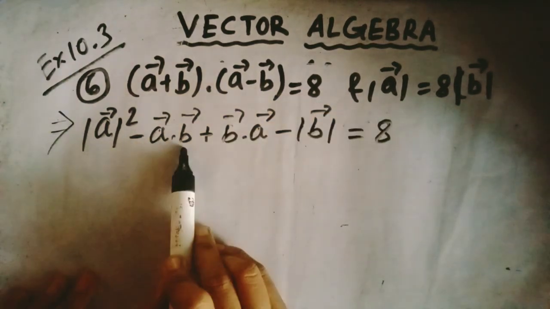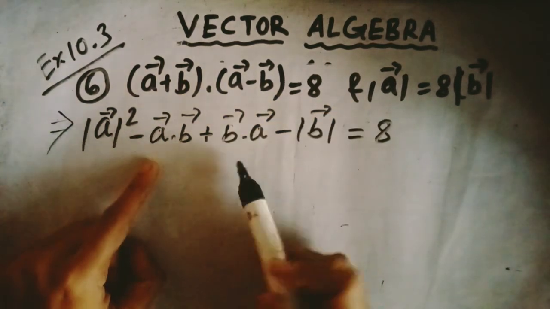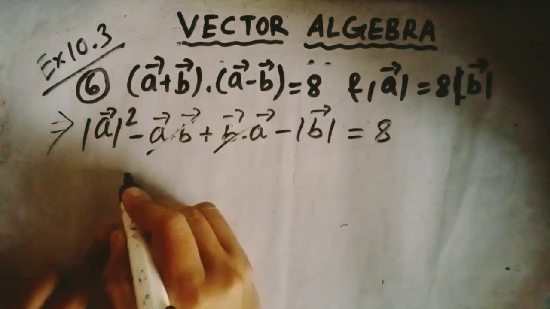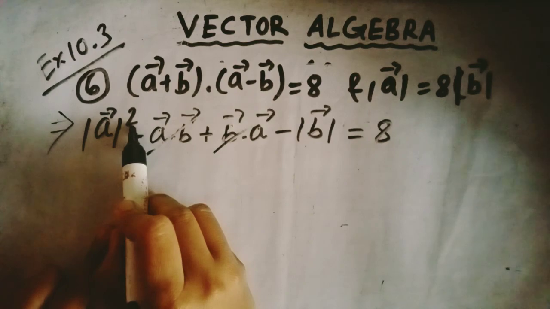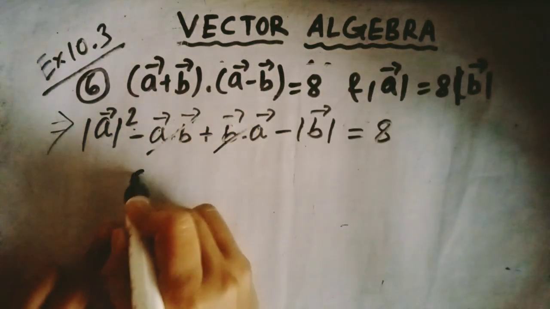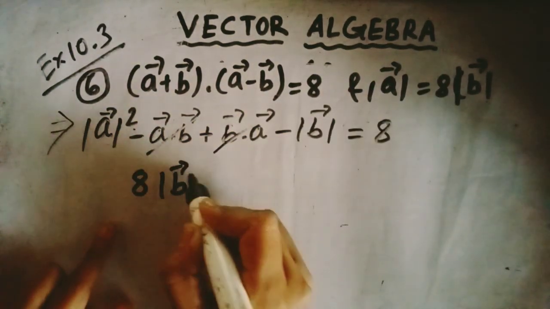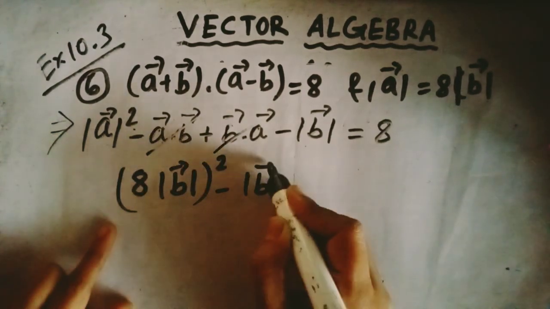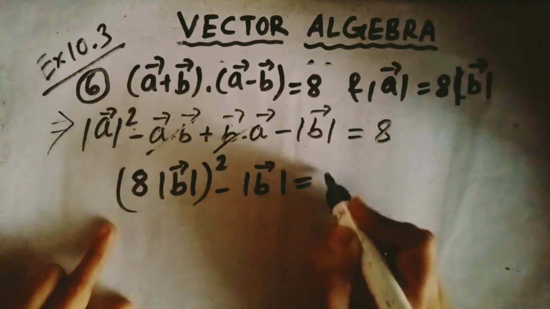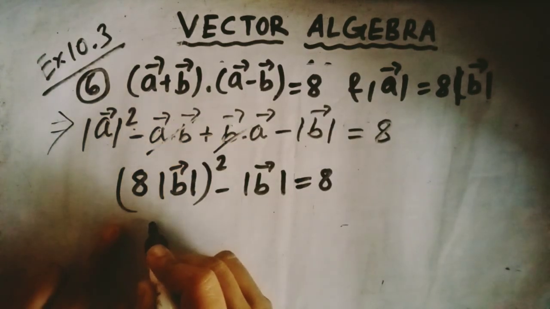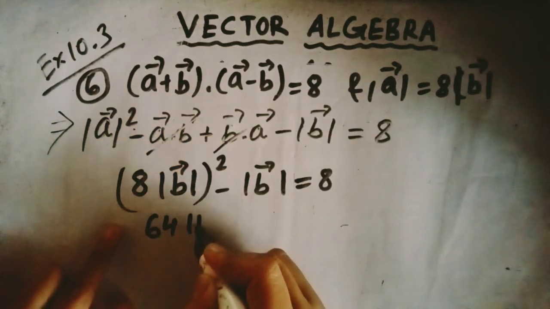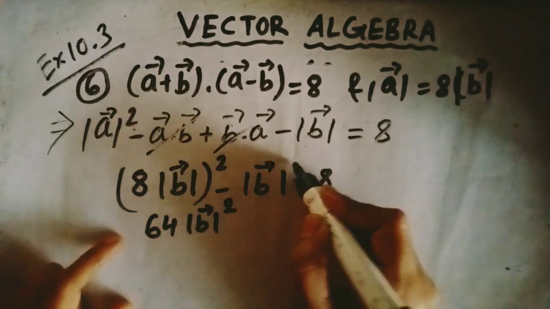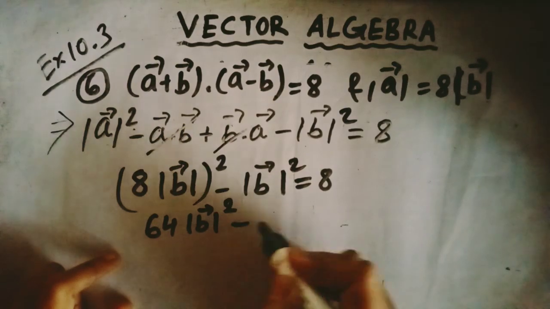Okay, now A dot B is same as B dot A as it is commutative, so both of these get cancelled. And A is given to be 8 into magnitude of B, so this is square, minus B square equal to 8, so you'll get 64 B square. Okay, this is also square, no?